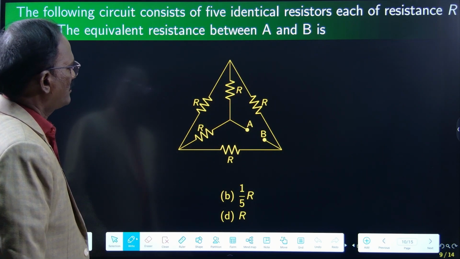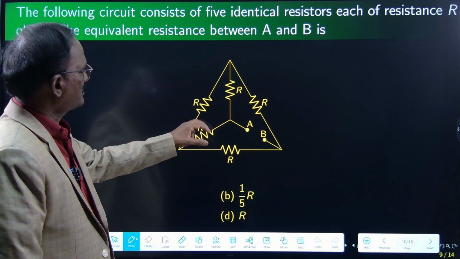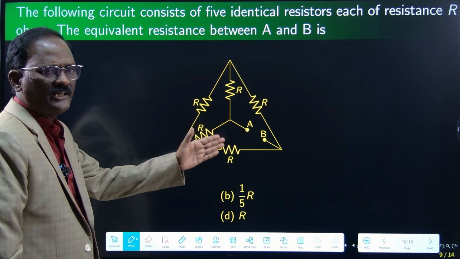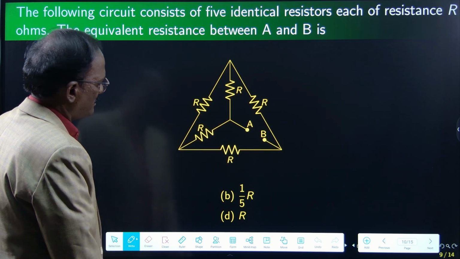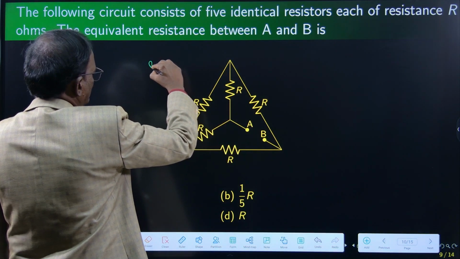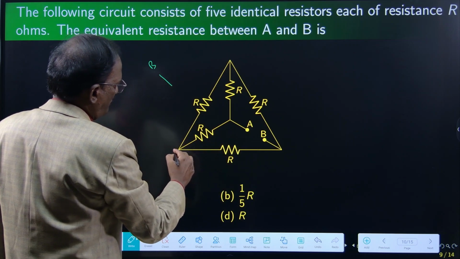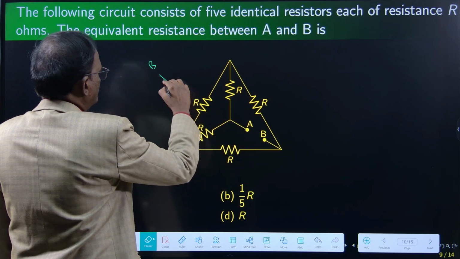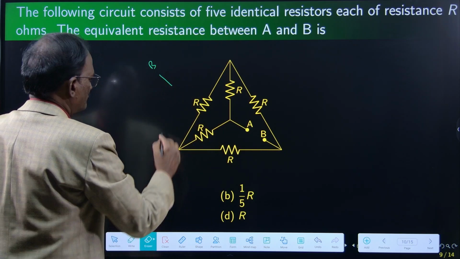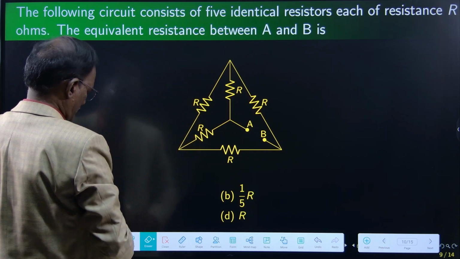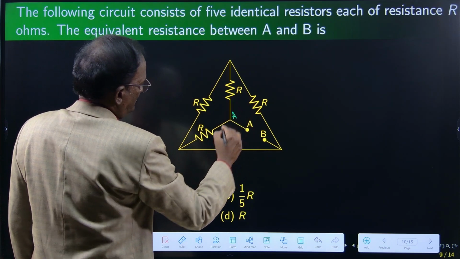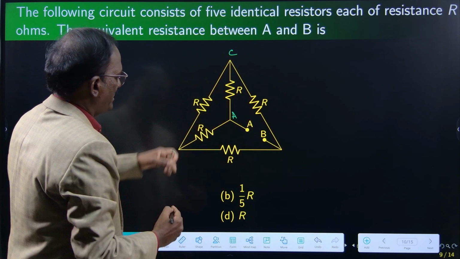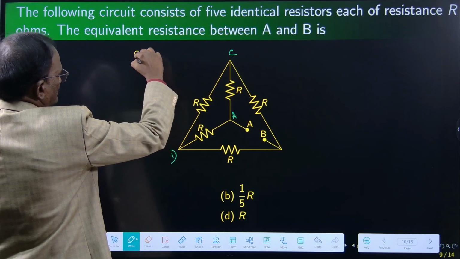The following circuit consists of 5 identical resistors, each of resistance R: 1, 2, 3, 4, 5. The equivalent resistance between A and B is, if you redraw it, you will come to know this is also a Wheatstone bridge, right? You take B here. From B to this point, so this is A, this is B, this is C, and this is D. I am going to draw B here.